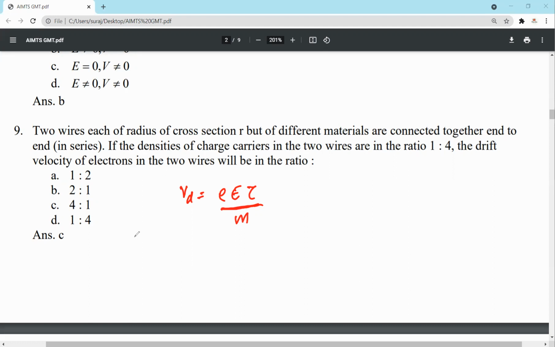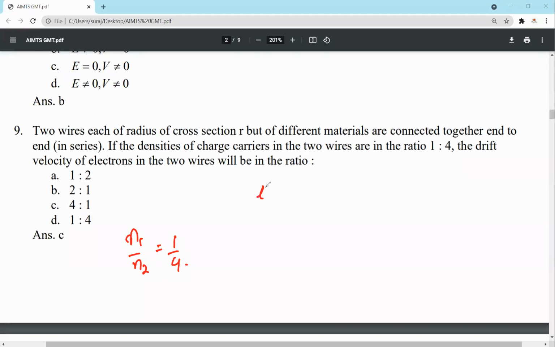So cross section area is same, but the material is different. The density of charge carriers in the 2 wires is in the ratio 1:4, that means n1 by n2 is 1/4. So this formula won't be valid here. You can use the current formula because both are in series, so current will be same.